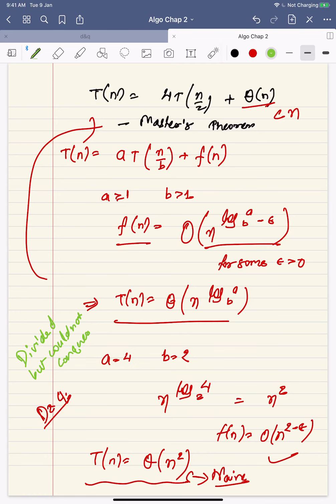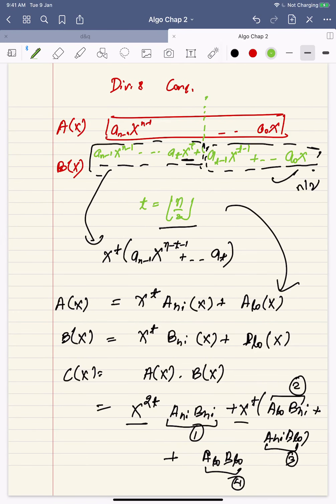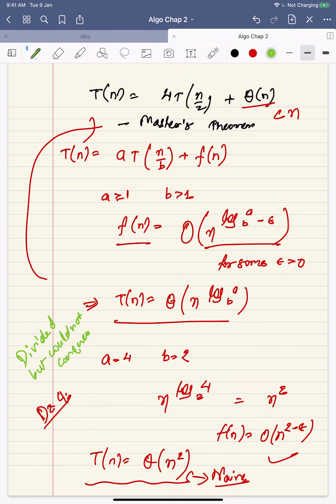Now what is the trick? Okay, let's go back. I have to find out this. All looked good. I had divided the sub problems, it gave me 4 sub problems, and this gave me the reconciliation. But if I solve it, I get theta n squared. Now what can I do so that I can make it more efficient?